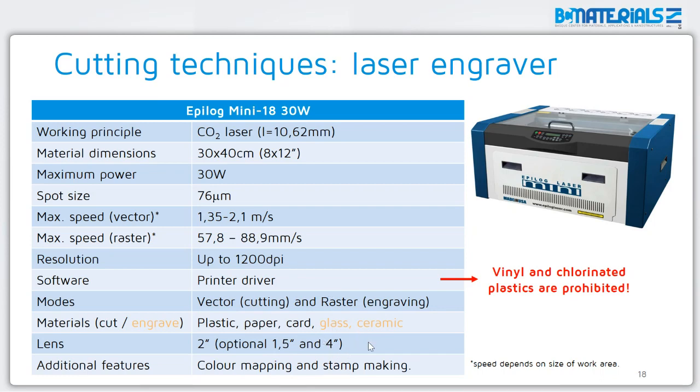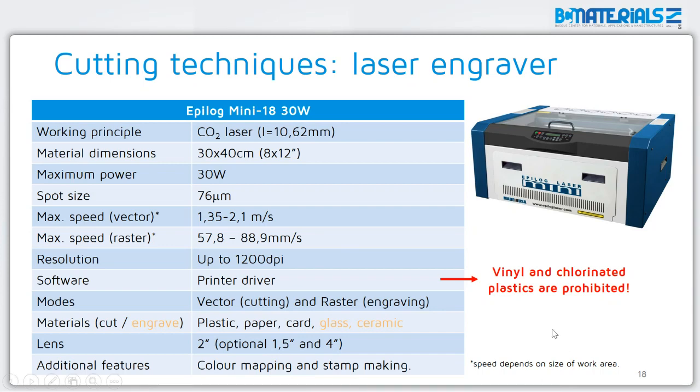It's a 4-inch lens. We have neither the 1.5-inch nor the 4-inch lens. And also this machine allows you to do color mapping, which is very useful. I'll describe it a little bit later on, and stamp making.